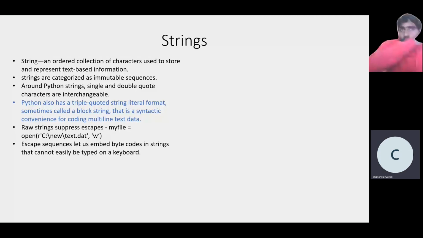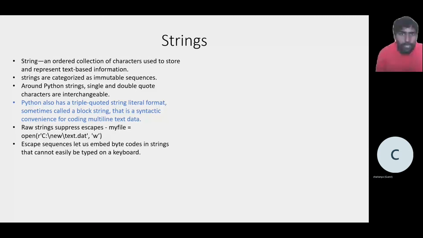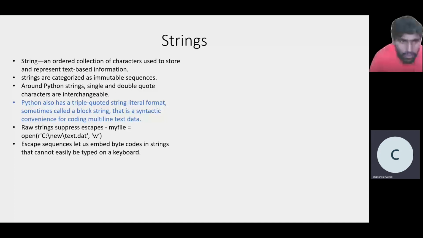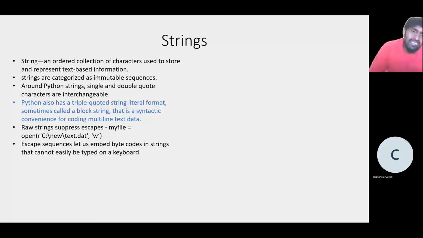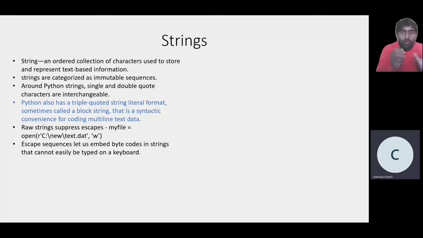So when you give this as a string, obviously we give it as a string only because files deal with strings. In that case, how does it consider it? The backslash is used as an escape sequence, so it doesn't consider it as a path. Got it?